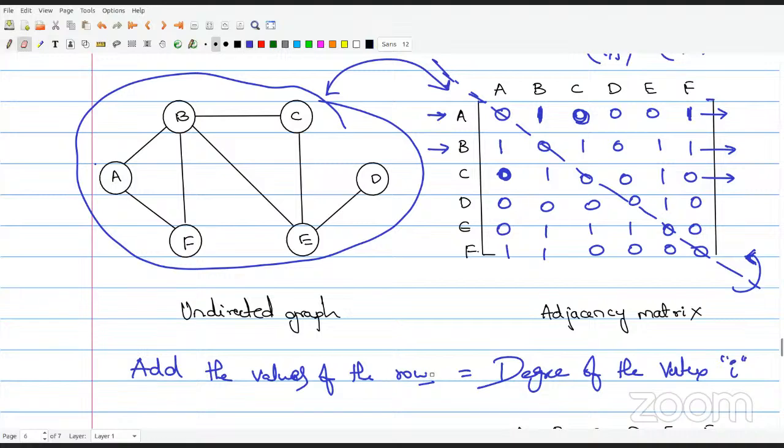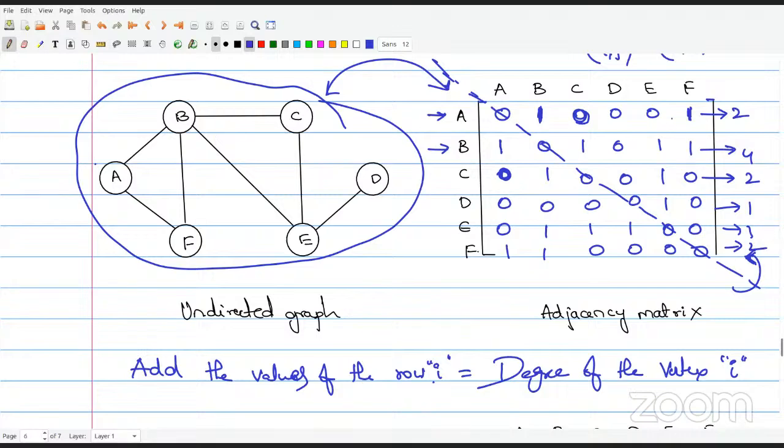So add the values of row i, you will get the degree of vertex i. You can check, this is 2, 4, 2, 1, 3 and 2. These are the degrees of each and every vertex.